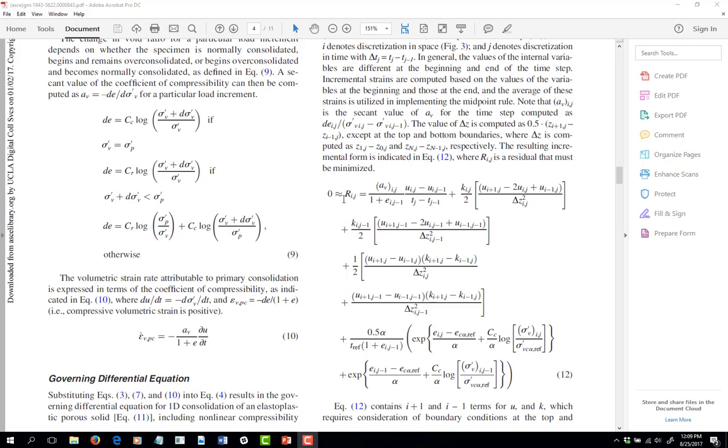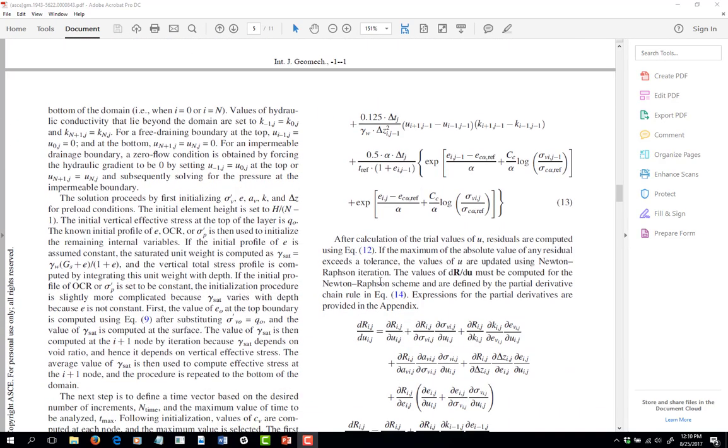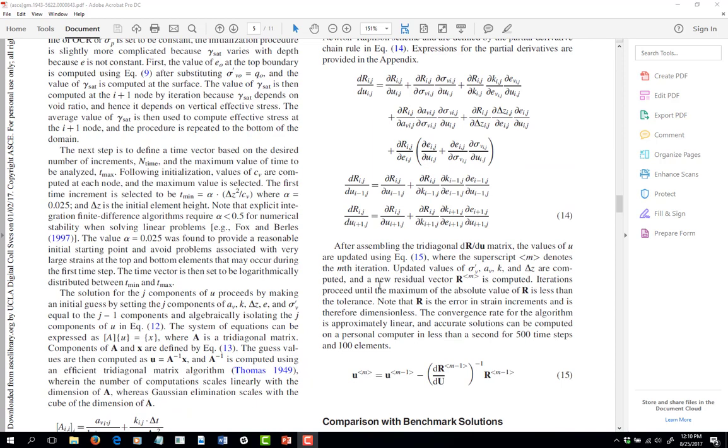But basically, I define a residual expression here that we try and set equal to 0, where we try and minimize numerically for each time step and at each depth. And this is my residual equation. And then I go through some other equations.